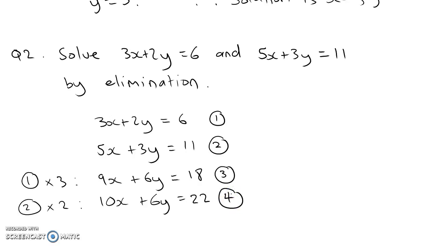So notice how this is a little bit more involved than that previous one. But now we're in a position to eliminate these y's here. We've got a 6y and we've got a 6y.